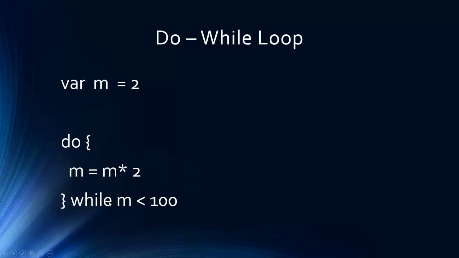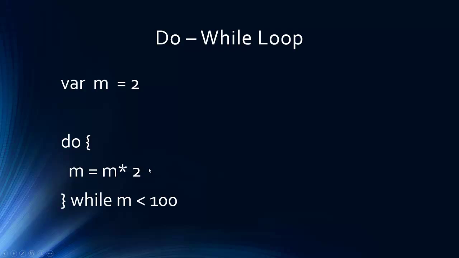But let's say the condition was while m is less than 2. You can see m equals 2, do it. I would do 2 times 2, and then the condition would say while m is less than 2. So now the condition is not met anymore, so I would move on and get out of the loop. You see that it's still processed one time.